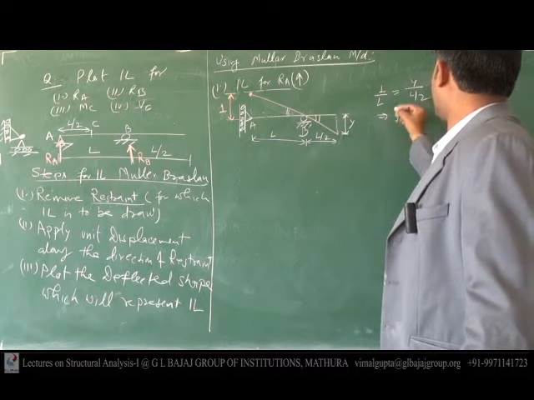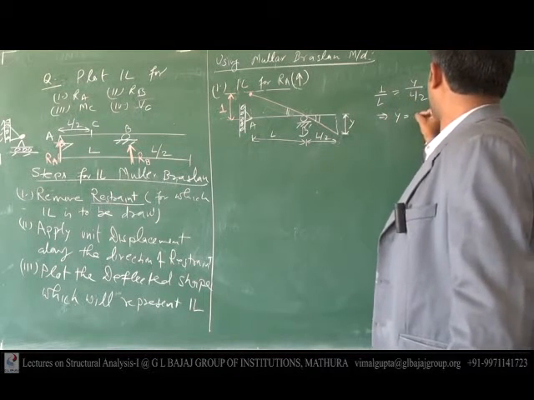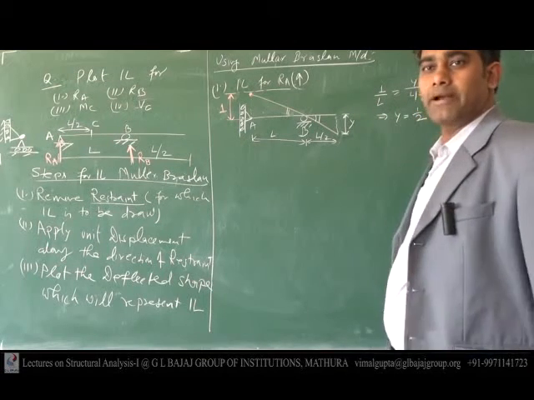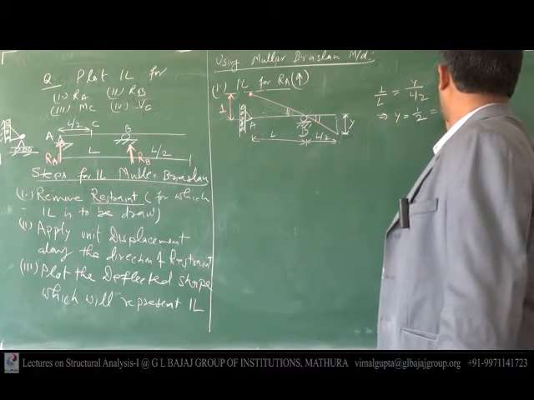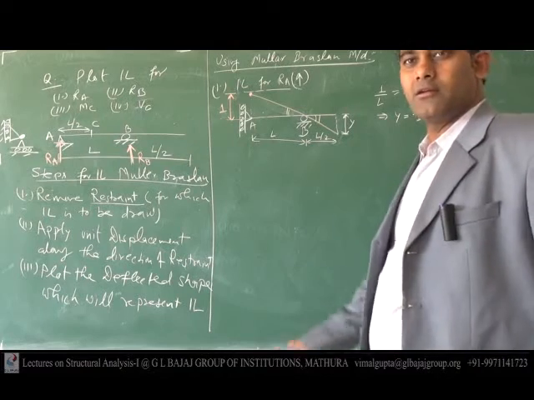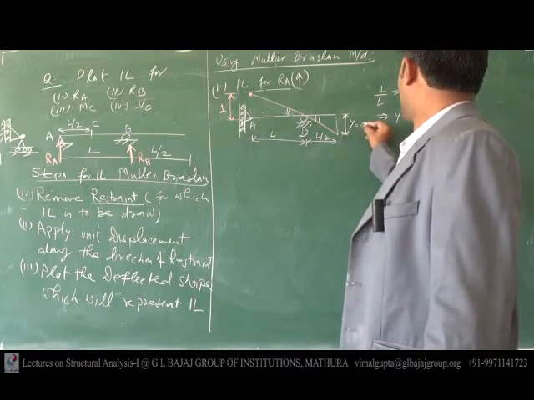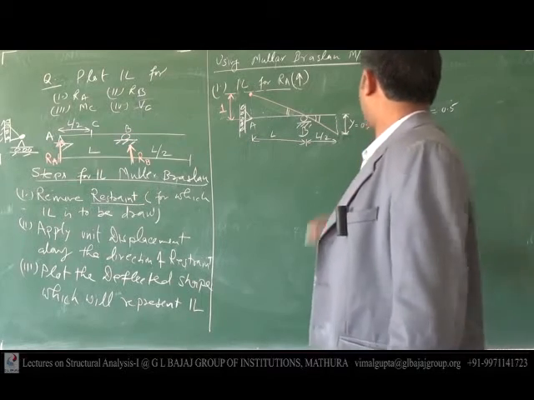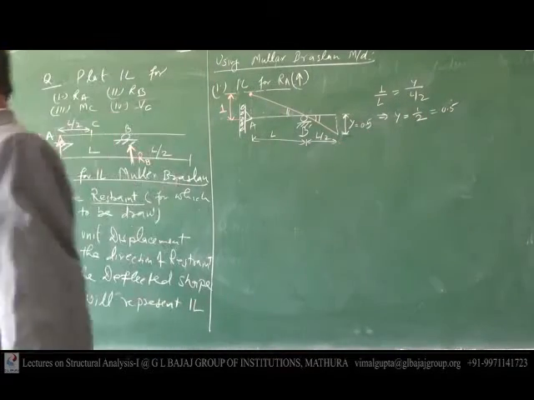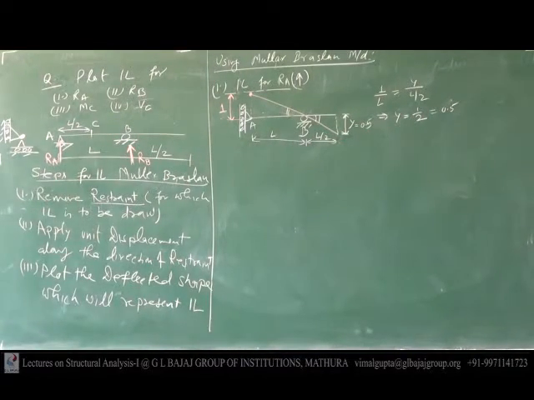So the value of Y will be 1 by 2, that is 0.5. So this is the IL for RA. Any problem? Is it simple?